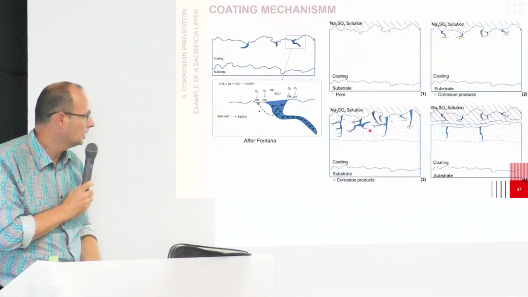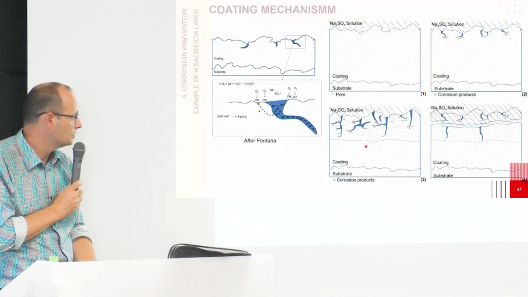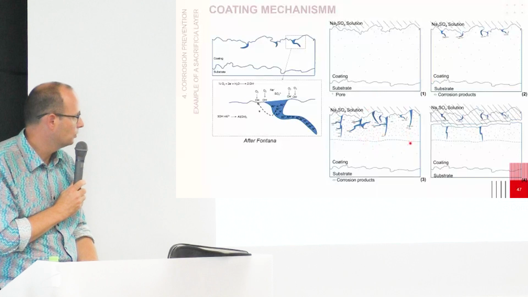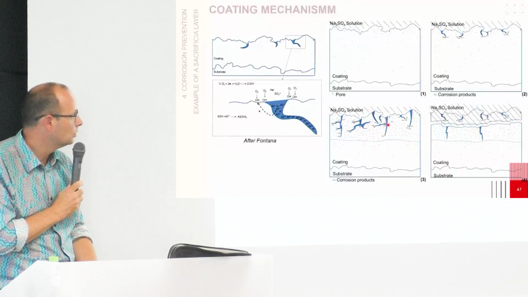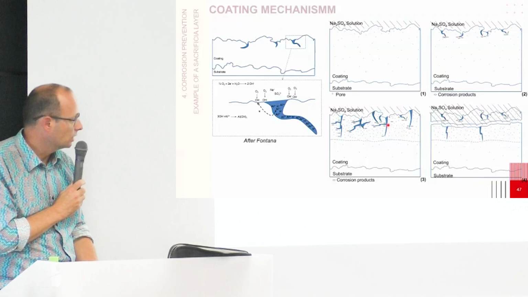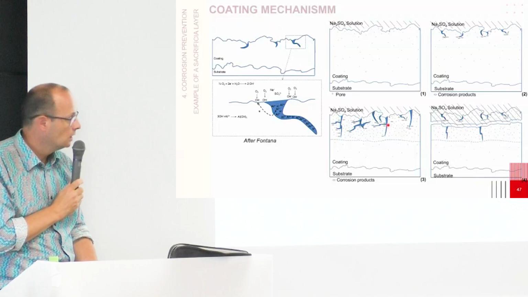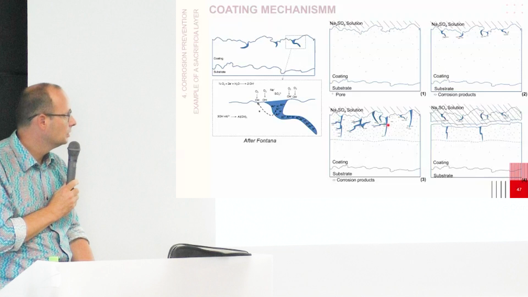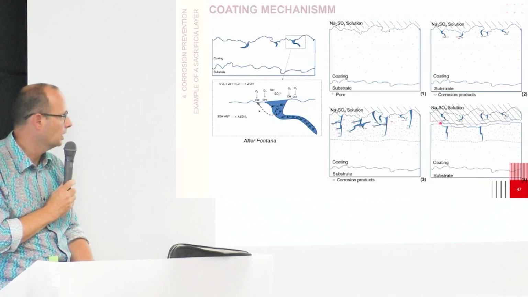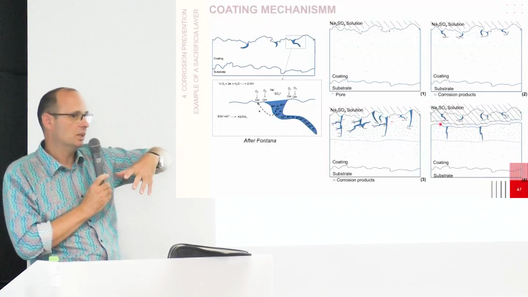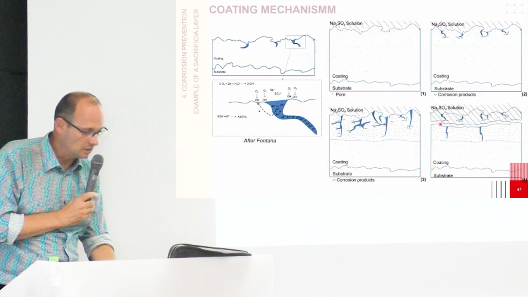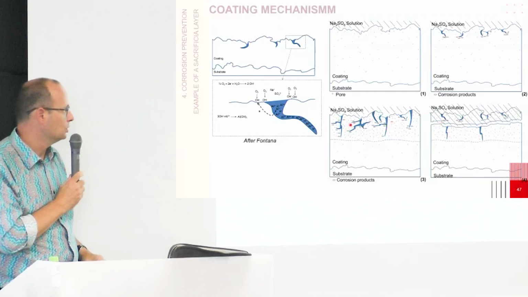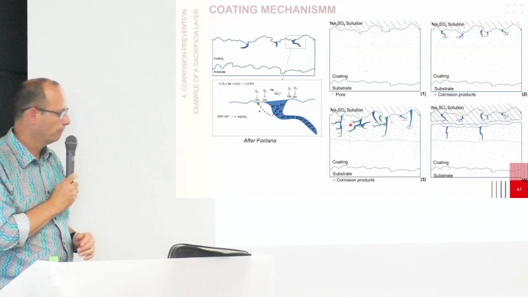And at the end, you always have a uniform front of diffusion with a modification of the chemistry of the solution that locally increases the dissolution of the material. And sometimes you can have parts of the material that are totally removed because of this lateral dissolution phenomenon.